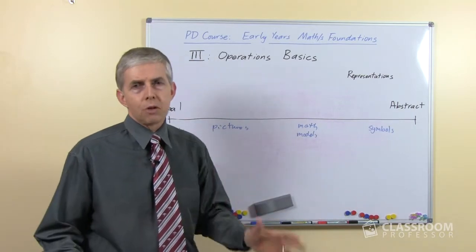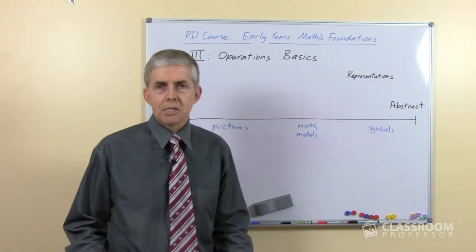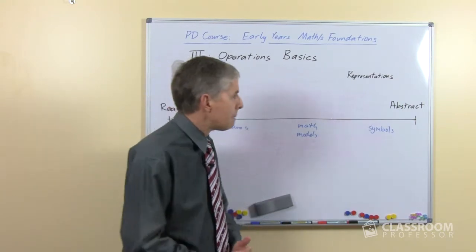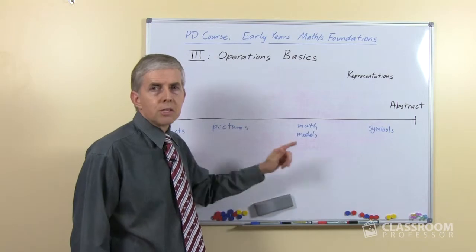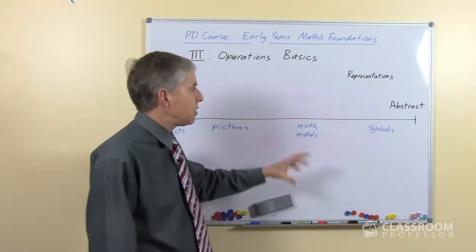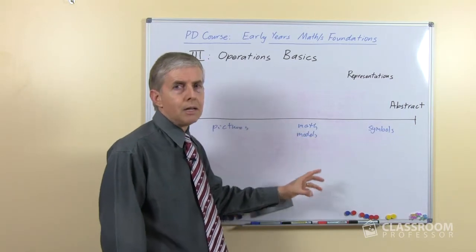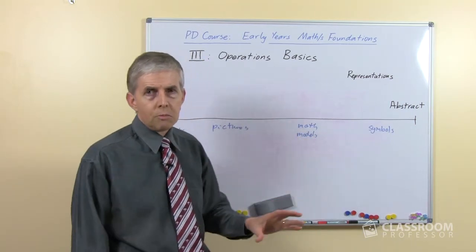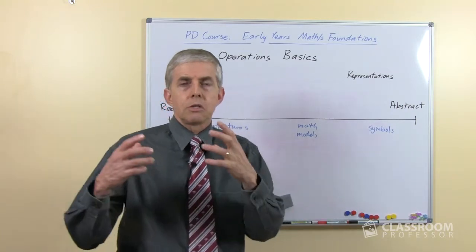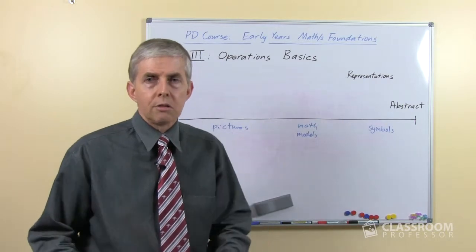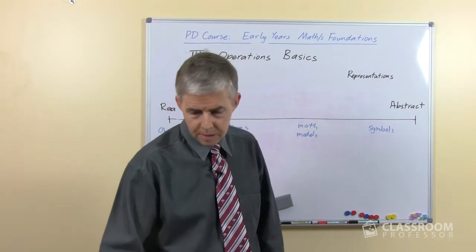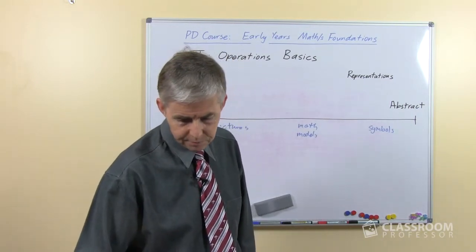Now, obviously you've got to manage their behaviour, and we don't want anybody wasting time and just playing with the materials instead of doing their math learning. But if it's helping them, providing they're not using them as a counting device or something like that, but if it's genuinely helping them to understand, then why not use it? So my recommendation would be to have lots and lots of materials, and to help the students understand what's going on using the materials, as I said, as long as they need to, before we move to the symbols alone.